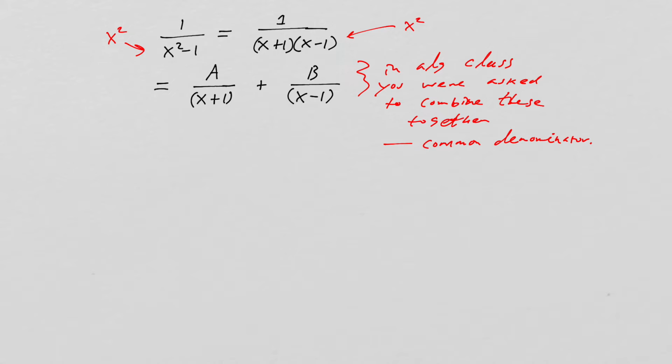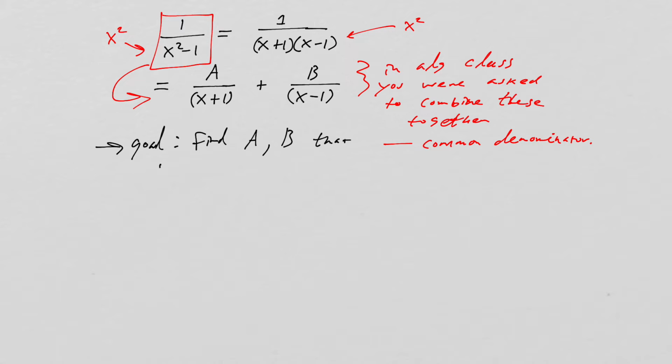What we're going to be doing is going the opposite direction. We're starting up here with our combined rational expression, and what we're going to do is try to take it apart into two simpler pieces. So the goal then is to find constants a and b that makes this work.